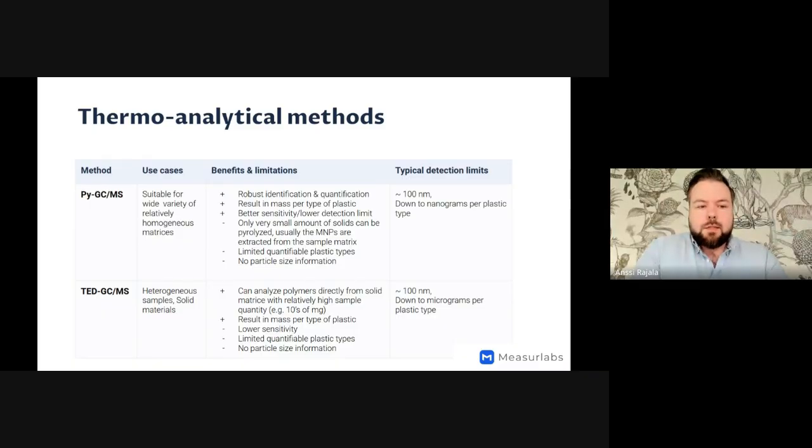TED GCMS, on the other hand, is quite a rare analysis technique and not very commonly available in commercial laboratories. But there are some upsides. For example, it's well suited for relatively heterogeneous samples and solid materials.